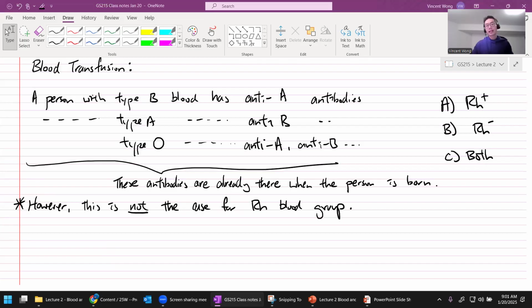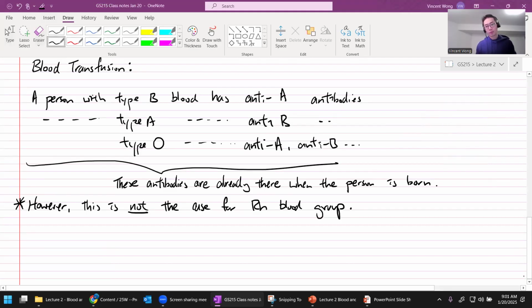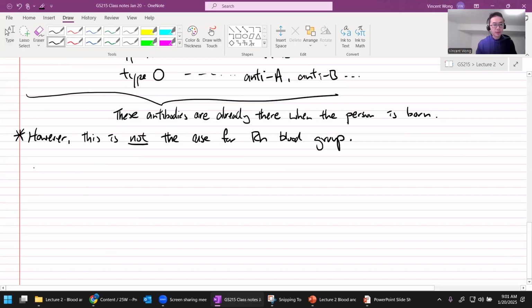The correct answer is negative people will make antibodies for RH. I will tell you why. First of all, let's say this is an RH positive person. If you draw it out, we are just focusing on the RH right now, okay? Forget about ABO. If a person is RH positive, then there will be RH on the surface.